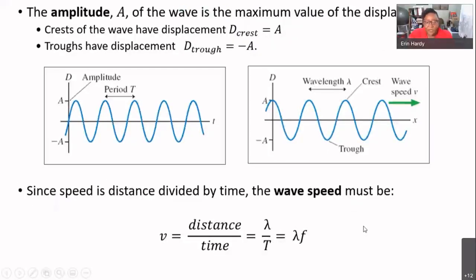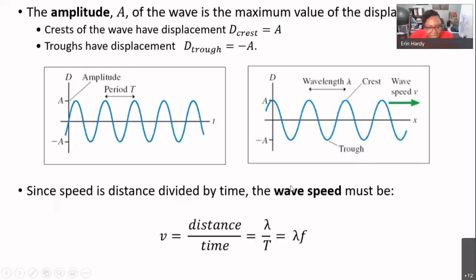So we should be able to use what we know about the definition of speed, and specifically the definition of a period, capital T, to come up with another way that we can quantify the speed of a wave. If we take a look at what's going on down here at the bottom, these are the same images again, but with some new text.